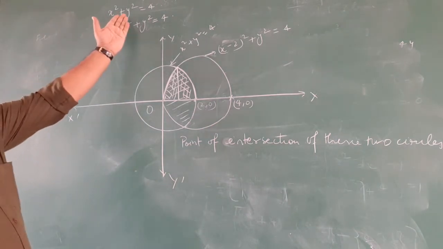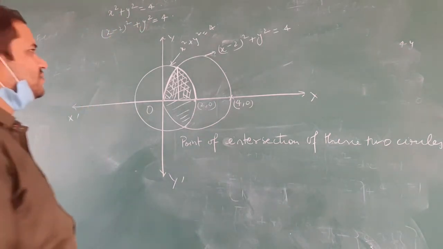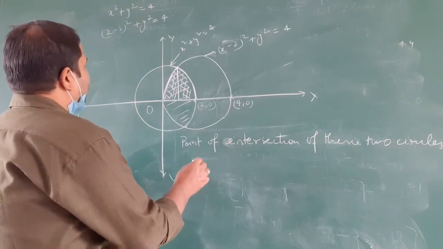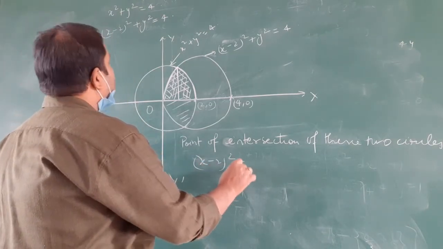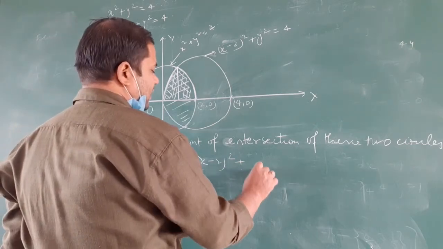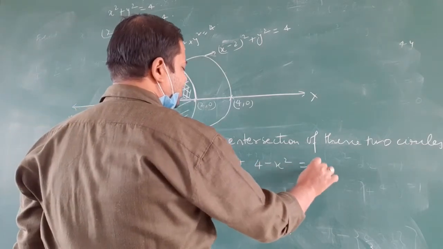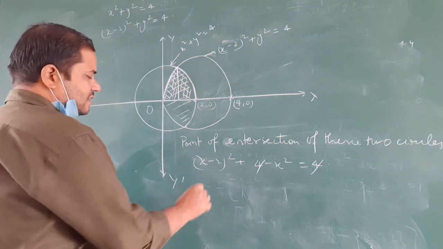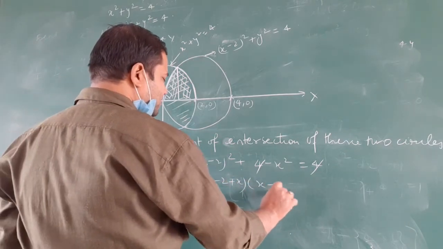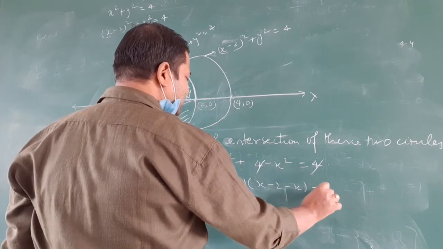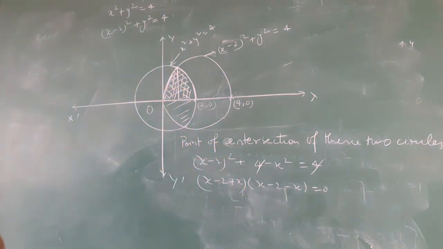At the place of y square you put 4 minus x square in the second one: x minus 2 whole square plus 4 minus x square is equal to 4. So x minus 2 plus x minus 2 minus x, this is equal to 0. Correct?